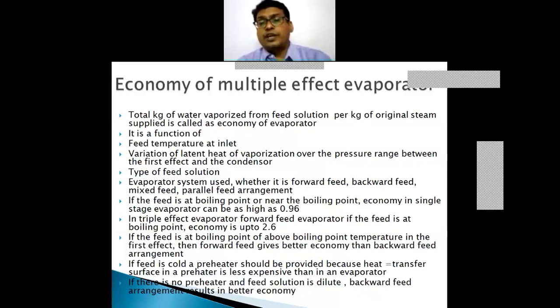Then forward feed gives better economy than the backward feed arrangement. And if the feed is cold, a preheater should be provided to increase its temperature. But if there is no preheater and the feed solution is dilute, then the forward feed arrangement results in better economy.